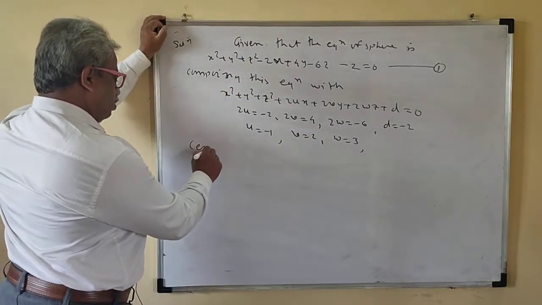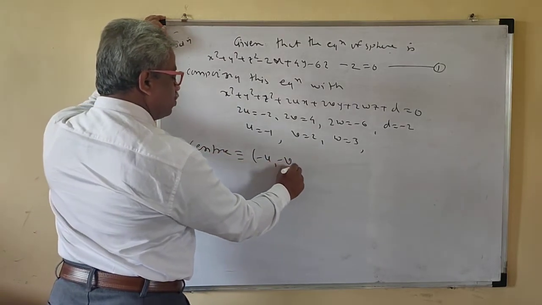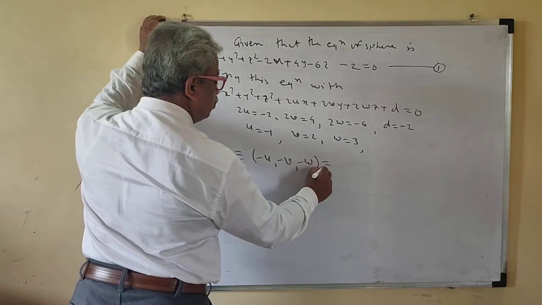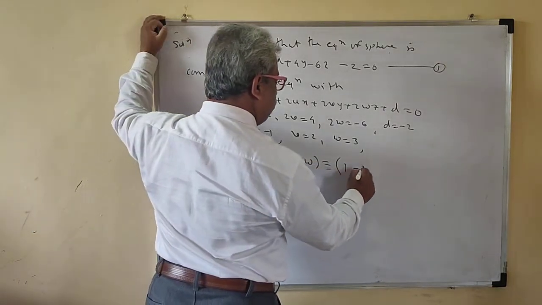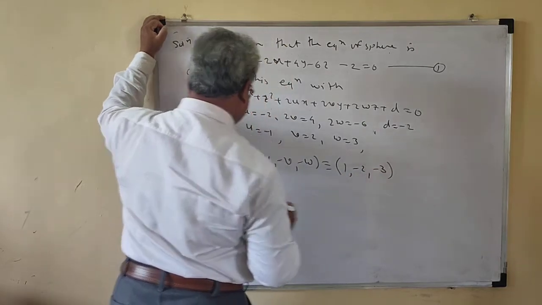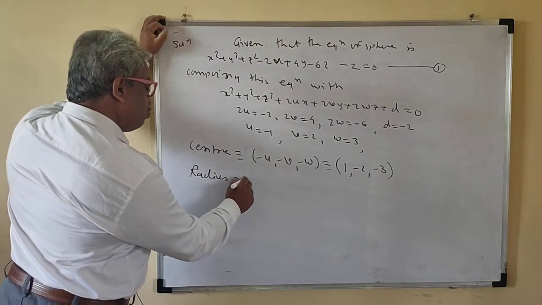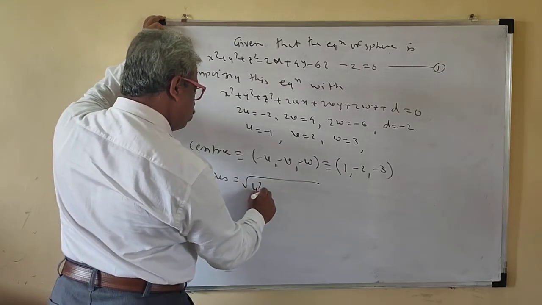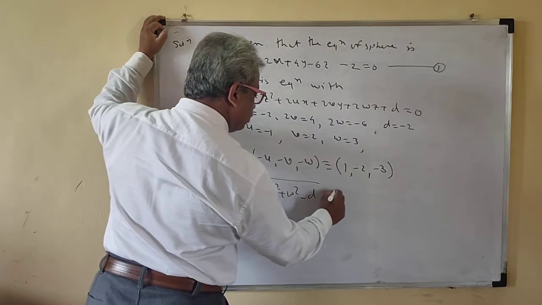Center: minus u, minus v, minus w. So minus u is 1, minus v is minus 2, minus w is 3. Radius is equal to root of u square plus v square plus w square minus d.